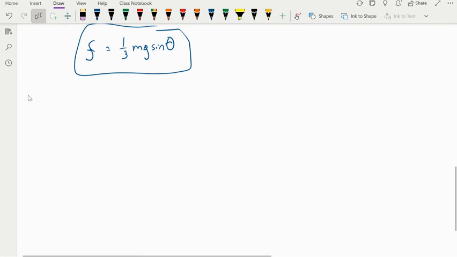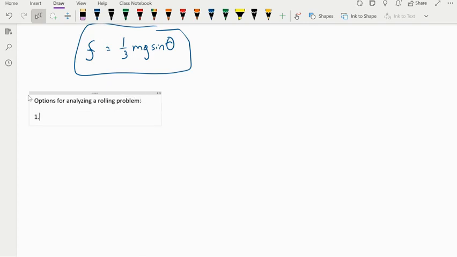So what I'm going to call this is options for analyzing a rolling problem.